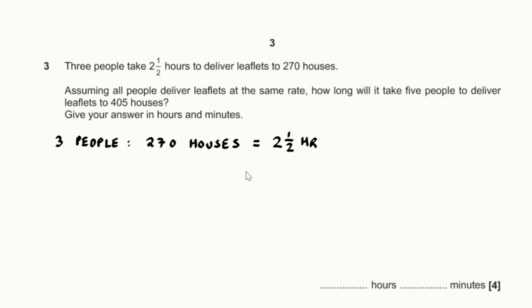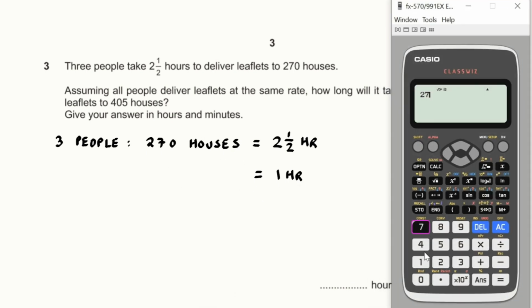And so what we can do is find out in 1 hour how many houses will get leaflets. 270 divided by 2.5 is 108. So 108 houses get leaflets in 1 hour. This is for 3 people.